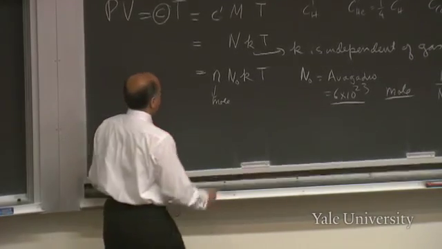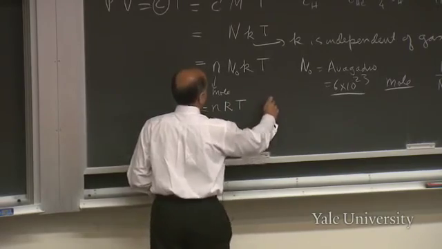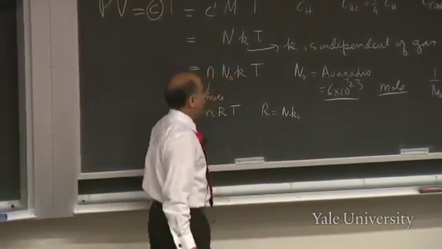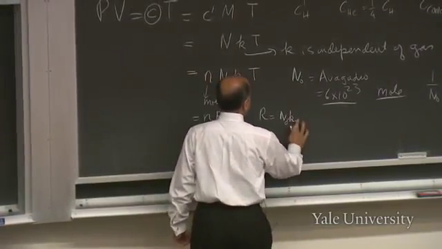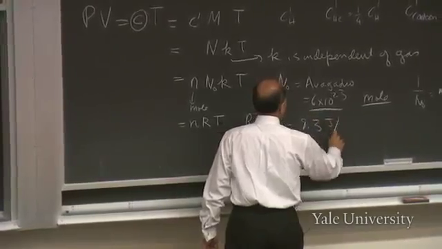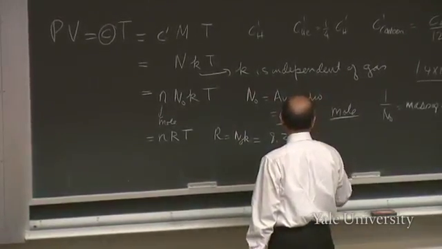If you write it this way, then you write it as nRT. R is the universal gas constant. It's n0 times the Boltzmann constant. That happens to be 8.3 joules per degree centigrade or per Kelvin.